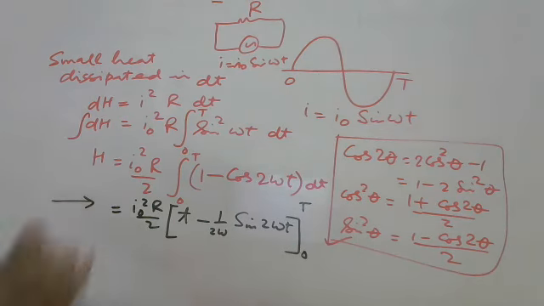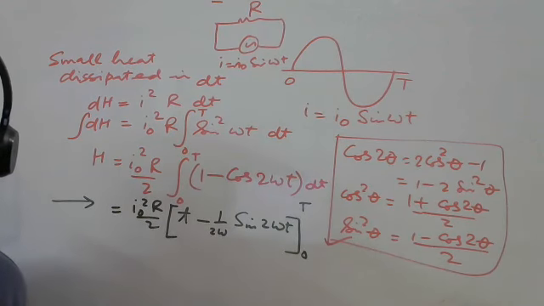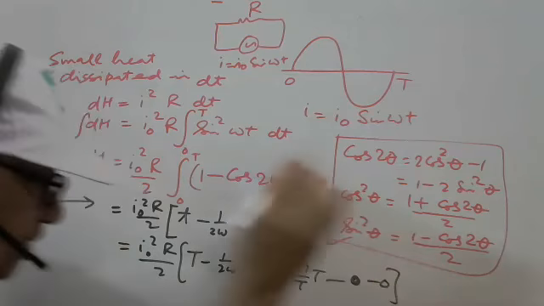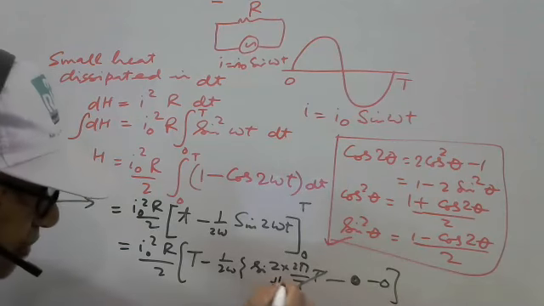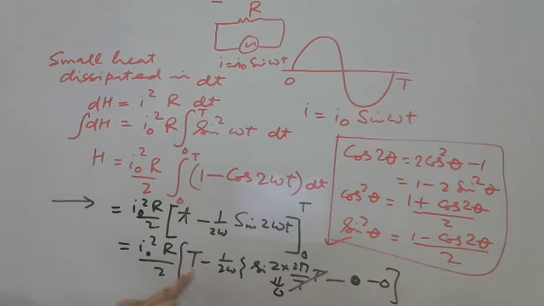Is there any doubt in this line? Other than Kunal and Aditya, anybody having any doubt? And sin 0 is 0, so everything is 0. Now sin 4 pi, the value of sin 4 pi is 0. It means here everything is 0 other than this t.